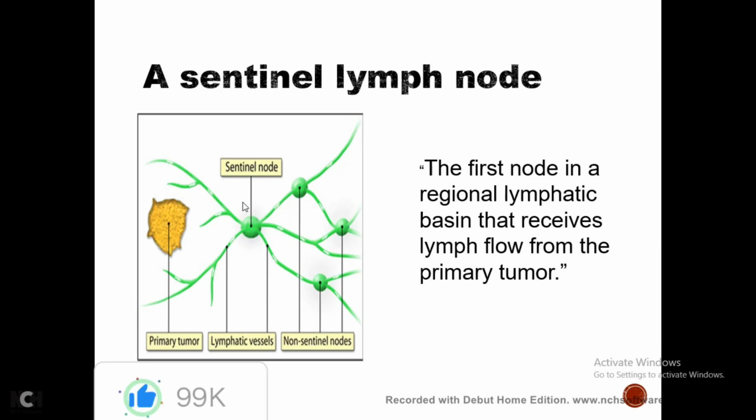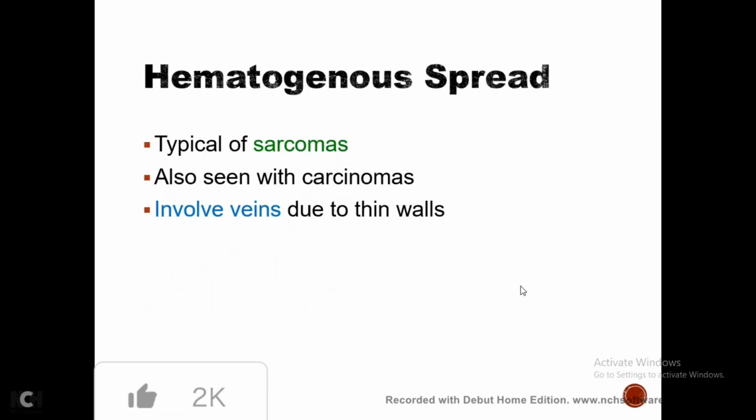So this is the first node in the whole pathway, and this is known as the sentinel node. These are the lymphatic vessels, these are the lymph nodes, and the first node that receives the drainage of the primary tumor site is the sentinel lymph node. The first node in the regional lymphatic basin that receives lymph flow from the primary tumor is called the sentinel lymph node. Now, what is hematogenous spread?